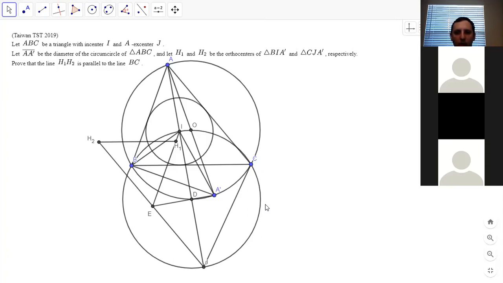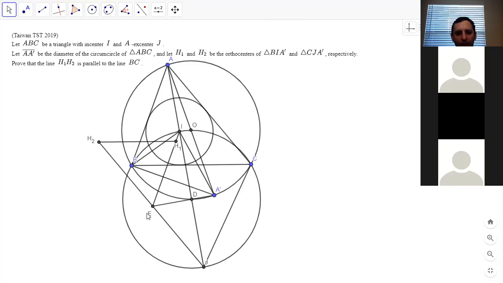We just use angle chase, Michael. Angle chase. Yeah. Okay. That is because angle EID. So we have I is perpendicular to A'B, and JE is perpendicular to A'C, right?